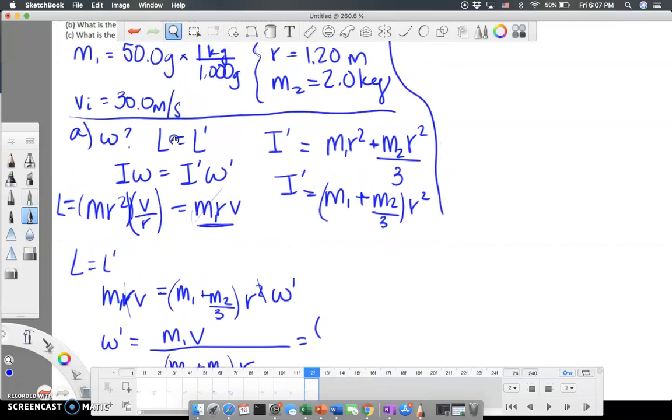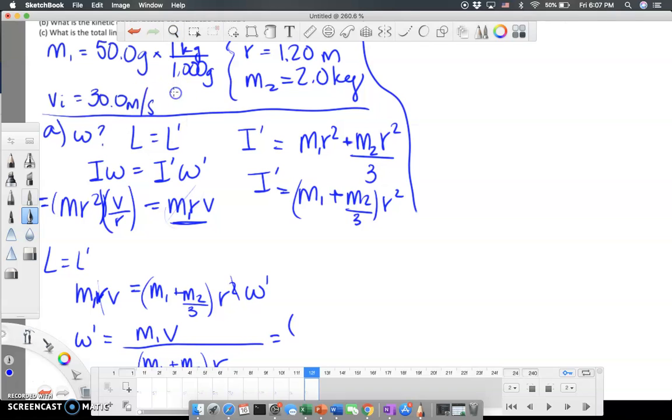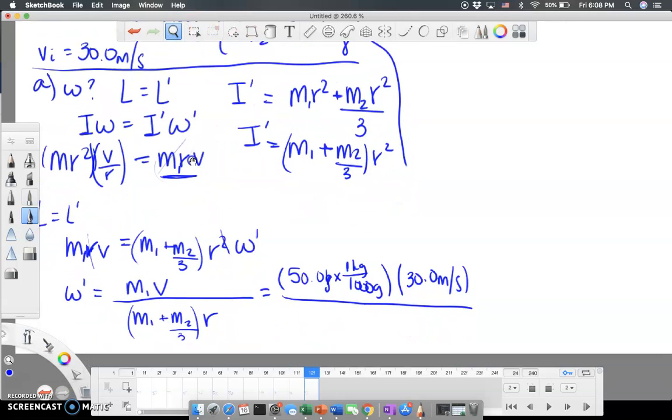Our mass of the first one is 50.0 grams times 1 kilogram over 1,000 grams, times our velocity, which is 30 meters per second, divided by our masses added up.